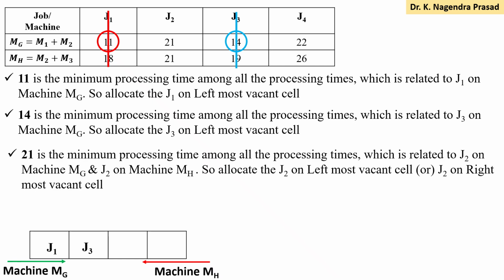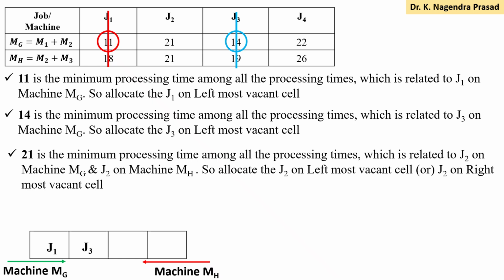Next, once again I have to observe the processing times. Here 21 is the minimum processing time among all the processing times, which is related to job 2 on machine G and also job 2 on machine H. So we have to allocate job 2 on the leftmost vacant cell, or we have to allocate job 2 on the rightmost vacant cell.